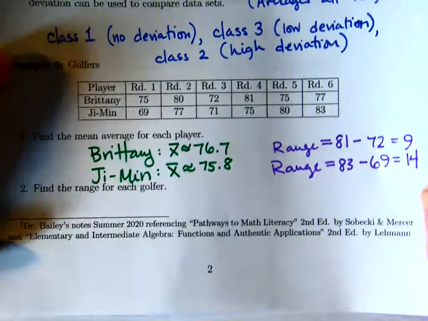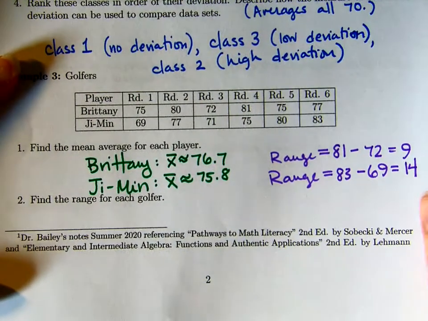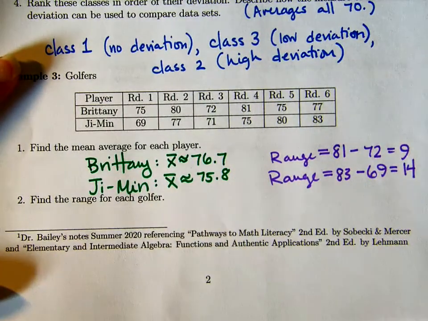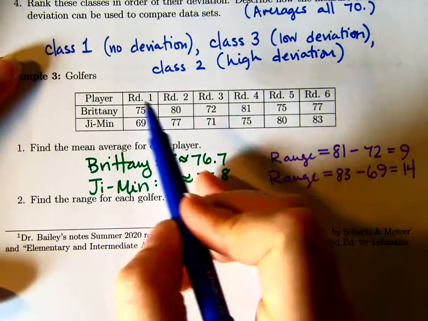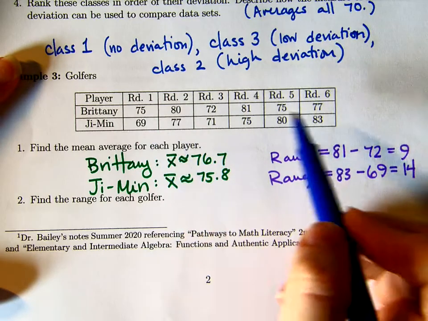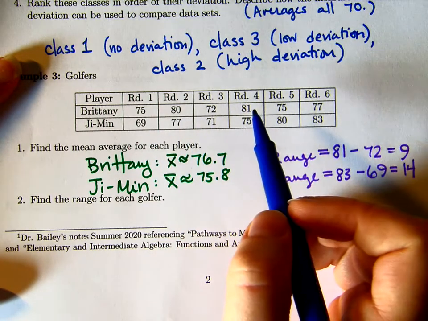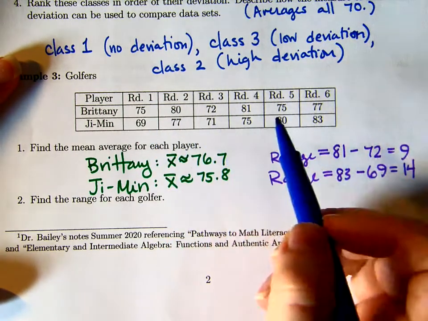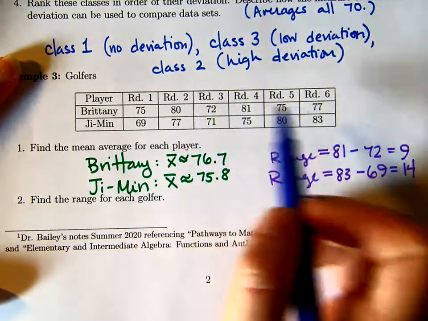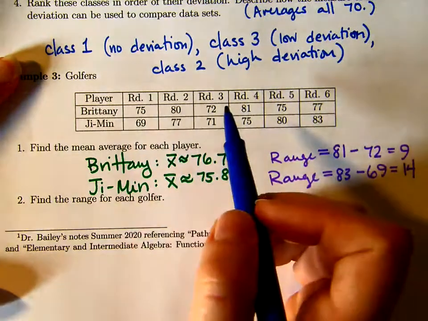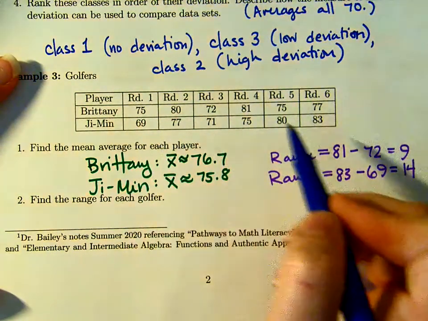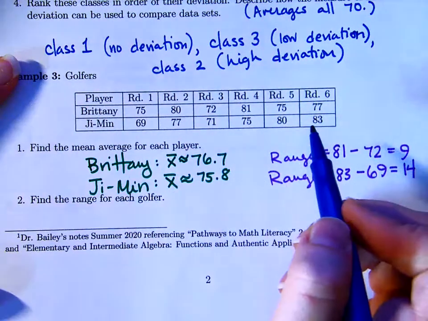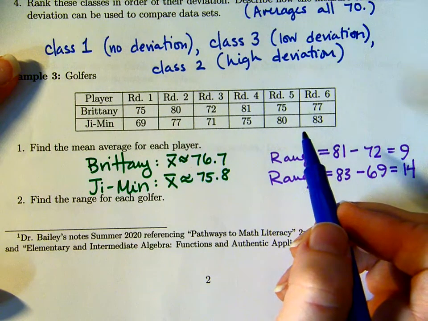So my first question is, maybe just at a glance, which one do you think is more consistent? When I look at these two players, I feel like Brittany is more consistent because her high is lower and her low is higher, so they're closer together. So she's constantly scoring right around here. Whereas Jimin, her low is lower and her high is higher, and so a little less consistent.